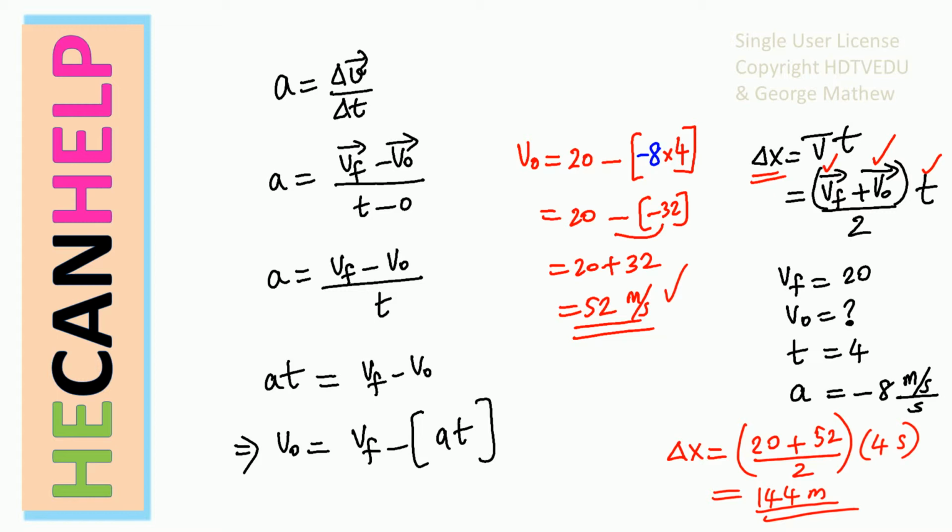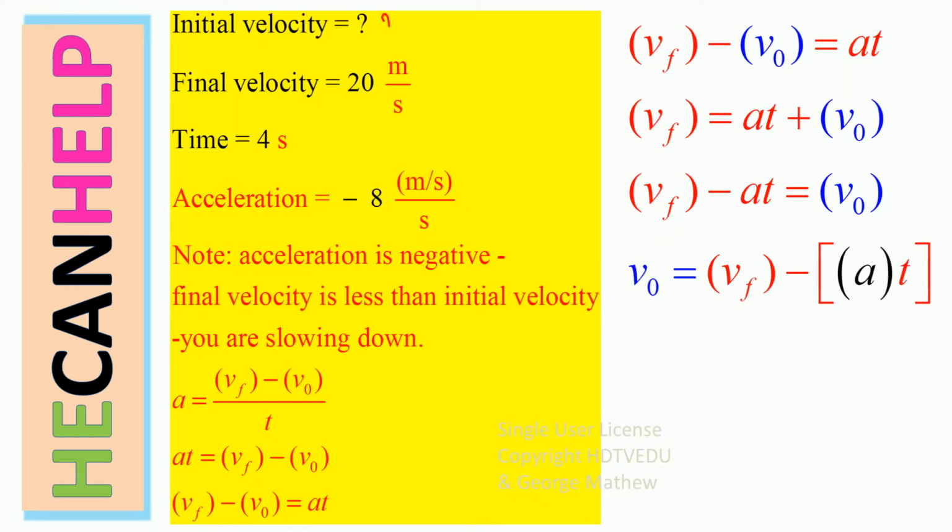What is the magnitude? 144. What is the unit? Meters. And what is the direction? Along positive x. Let's recap. We do not know the initial velocity. Final velocity is 20. Time is 4 seconds. Acceleration is negative 8. Acceleration by definition is final velocity minus initial velocity divided by time.